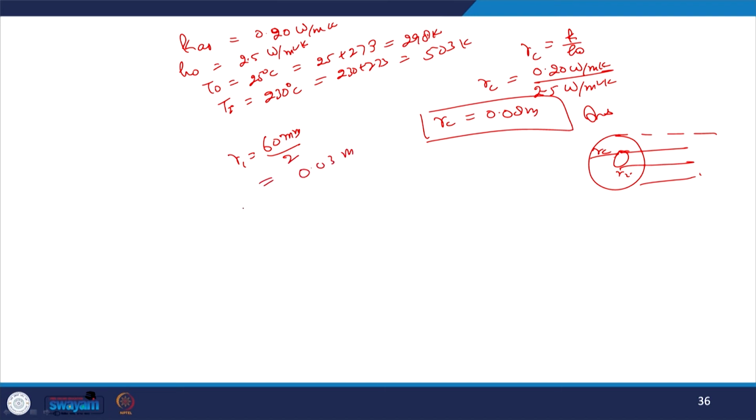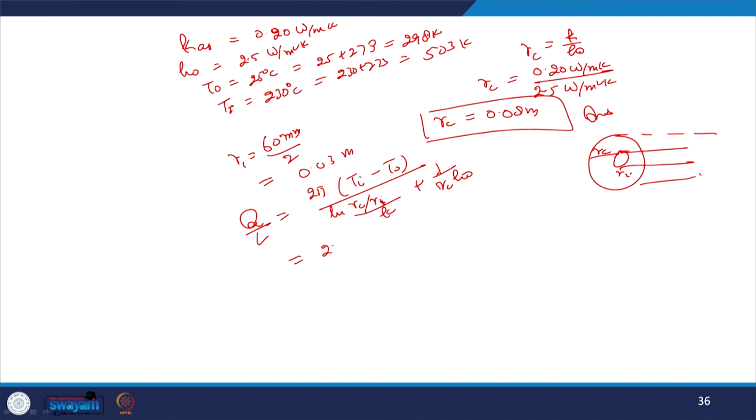Now the heat transfer with insulation, Q over L, is equal to 2 pi (Ti minus T naught) upon [ln(RC over R1) upon K plus 1 over RC H naught].